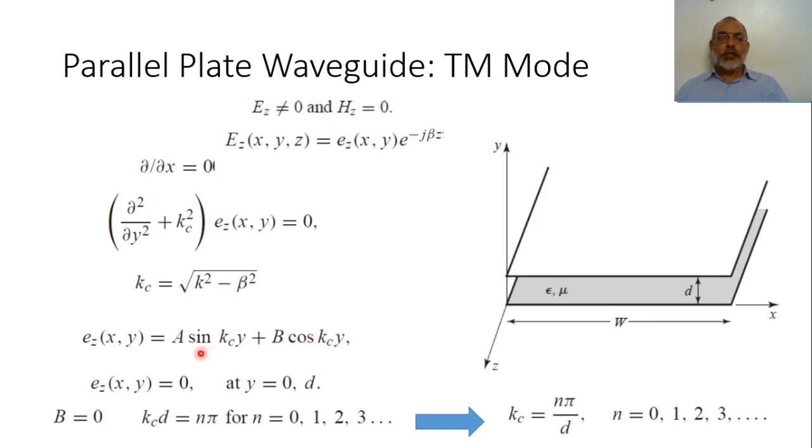So to satisfy the second boundary condition, we say that kcd should be an integer multiple of pi. This integer number n could be 0, 1, 2, 3, and so on. So we have different solutions for this Ez which satisfy the boundary condition.